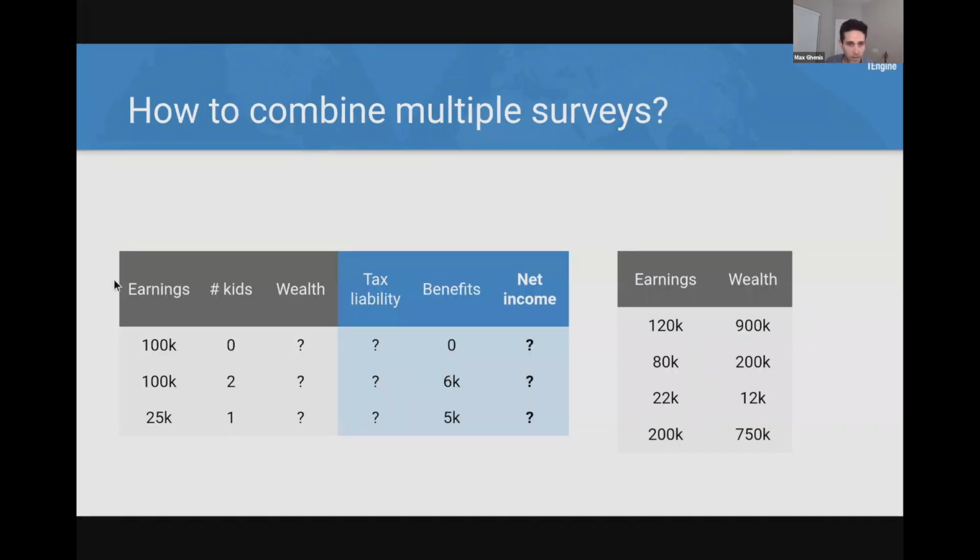So that's why we're saying we want not just what we might call the point estimate of wealth. We want the full distribution of wealth based on earnings and number of kids that come from this data set. And then we're maybe going to pick a random value from within that predicted distribution.